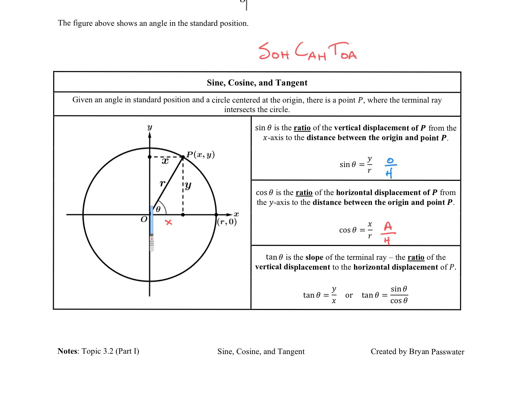Our adjacent is our x value, and our hypotenuse is our radius. Make sense? And then our tangent is our y over our x, but it's really our opposite over adjacent, our y over our x.